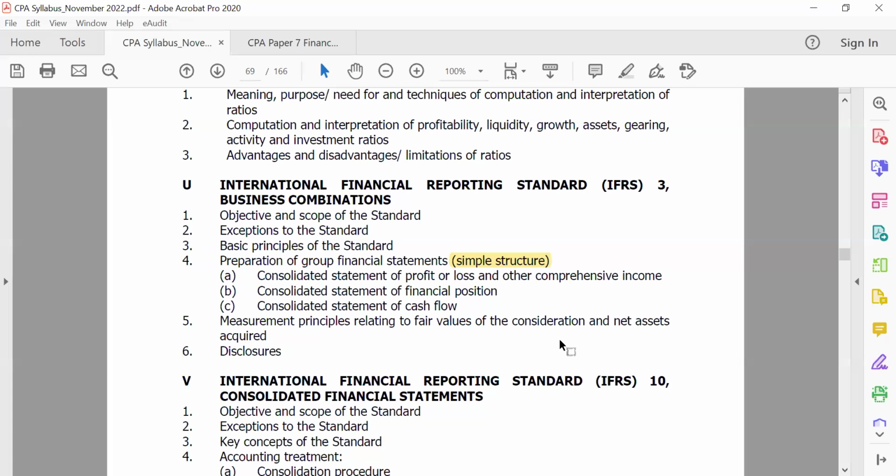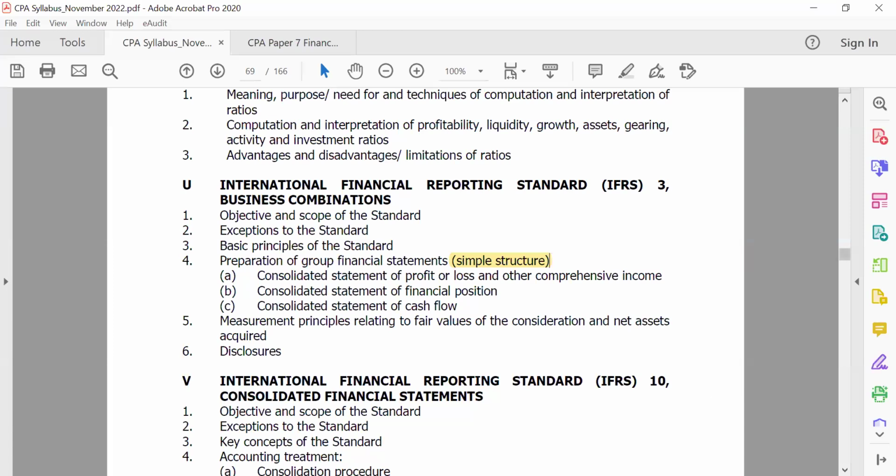So this gives you a good foundation to understand, if there are different subsidiaries, how you consolidate their financial statements with the parent. If it's an investment, how is that also consolidated?